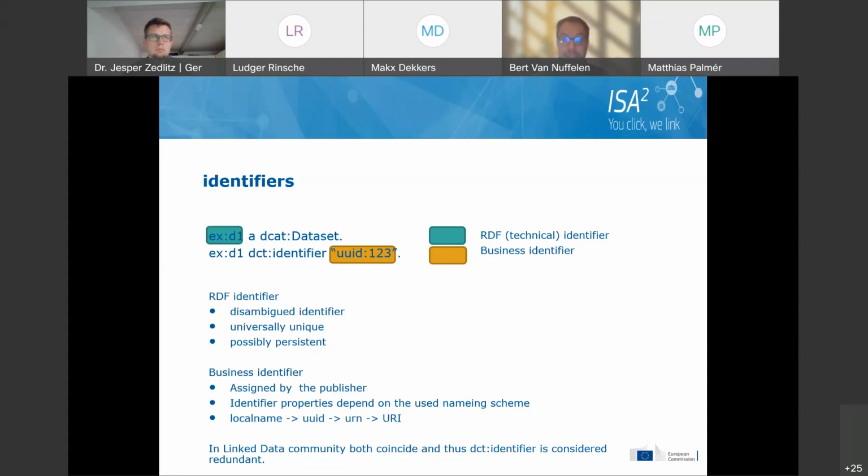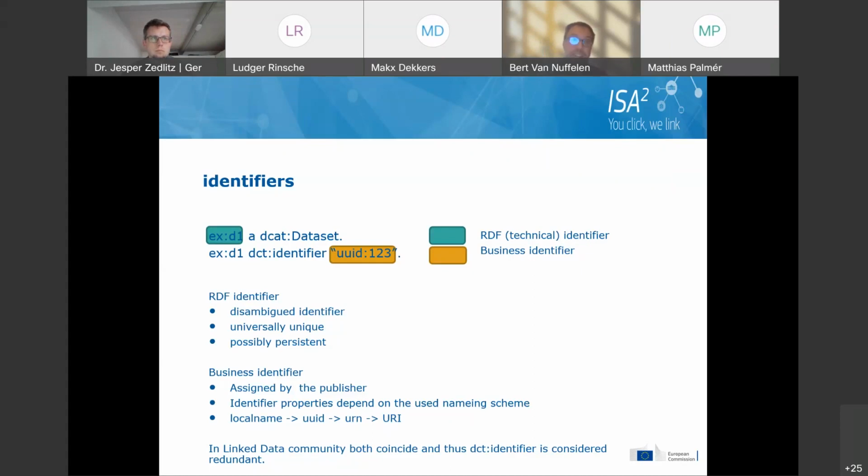Its properties depend on the naming scheme it is constructed in. Some publishers might just provide a local name, a very weak one, and this can go to a technical one, a UUID, where you don't know from which space it is, a URN, which is a namespace one but not resolvable, and URI or URL, which are potentially resolvable.